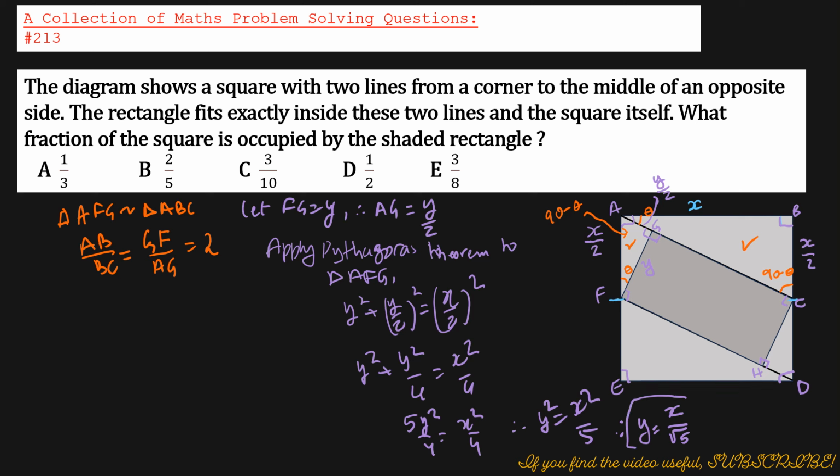Now there are no negative values. Negative values are not used, they are discarded because side lengths cannot be negative. So y equals x out of root 5.